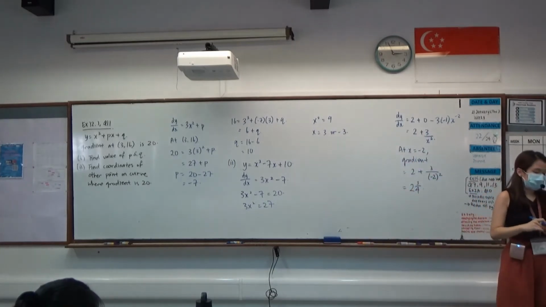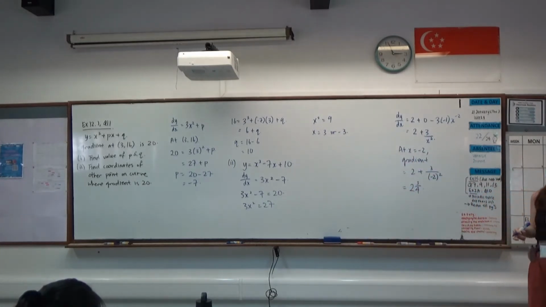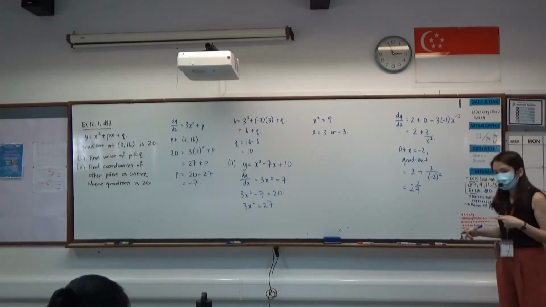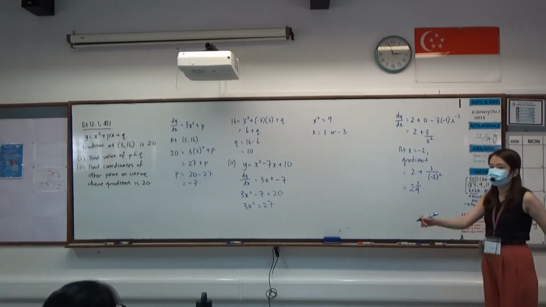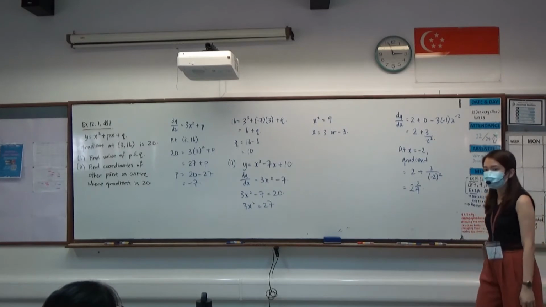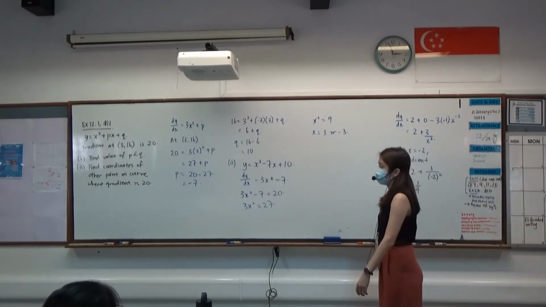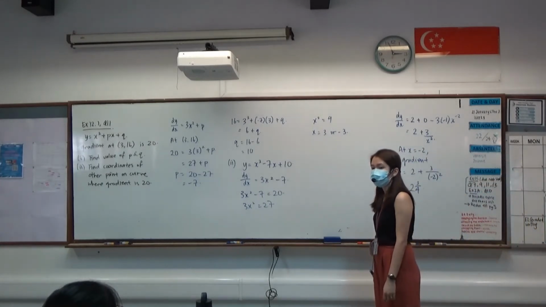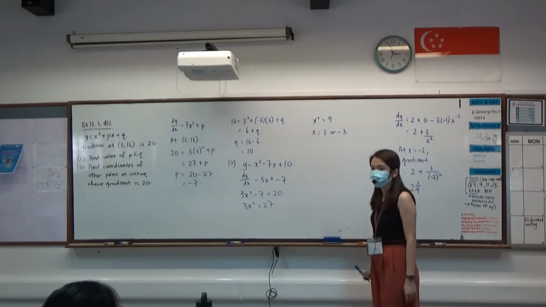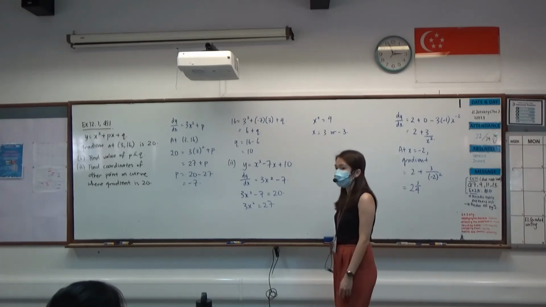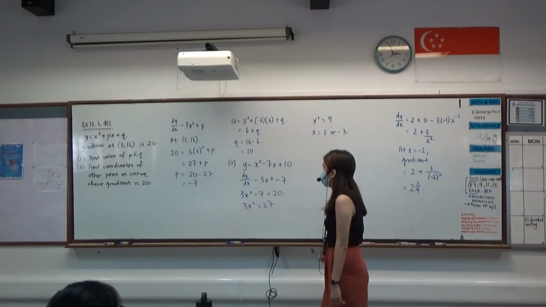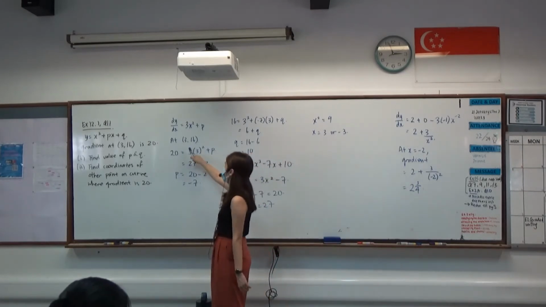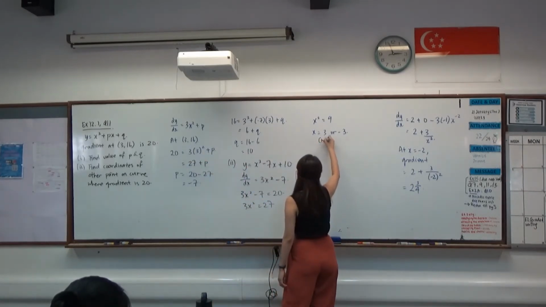Okay? So how do we know which one is the other point? Amanda? Would 3 be the point, or -3 be the point? Why? Okay, because 3 is the one that we have already found. So therefore we reject this one.